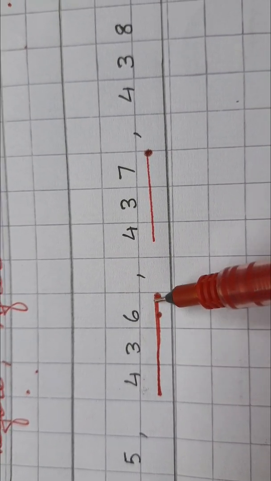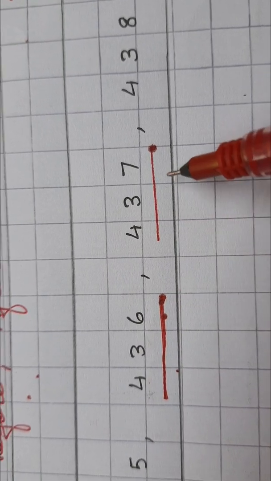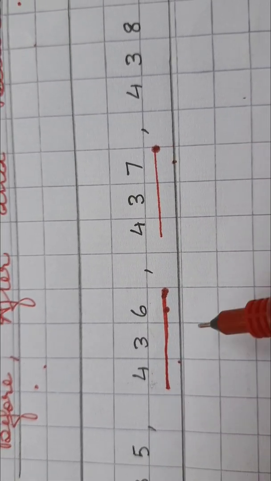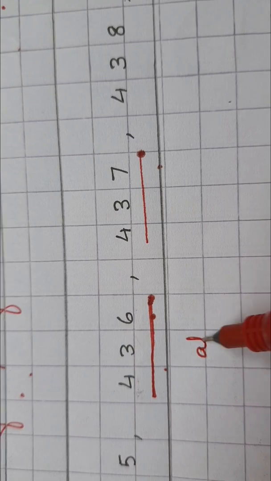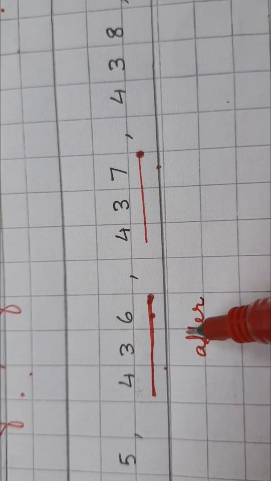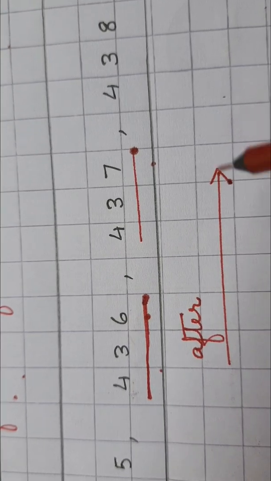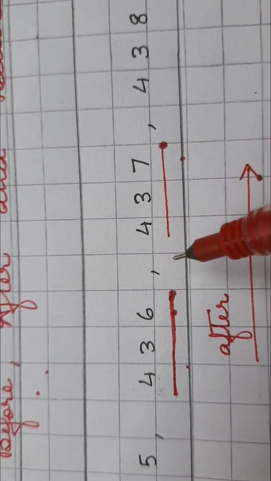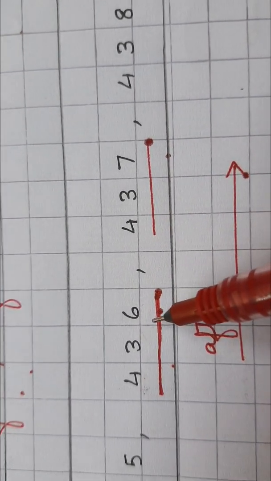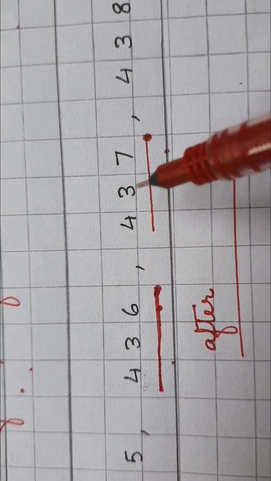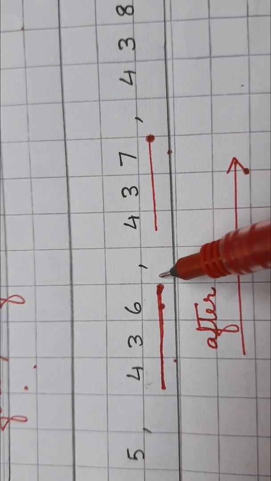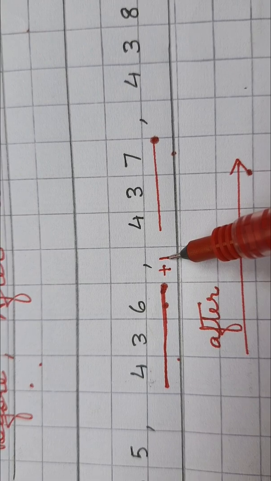And how are you moving? You are moving forward. So to get the number which is after a given number, we move forward. Another thing, to get a number which comes after, we add +1 to it.